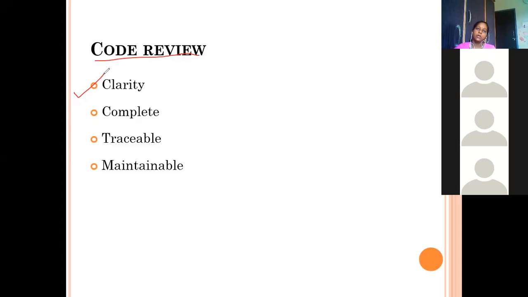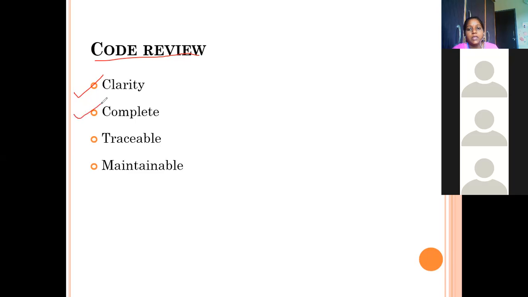Why? Because if that person leaves the company, then whoever comes in his place should be able to easily understand your code in the first reading. That kind of clarity should be there in your code.